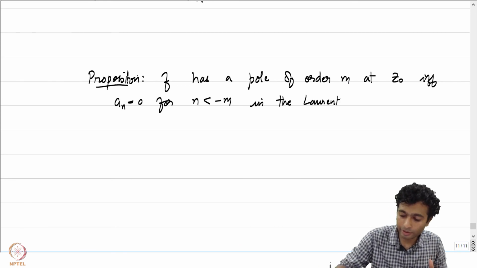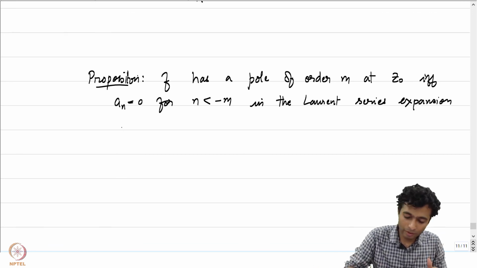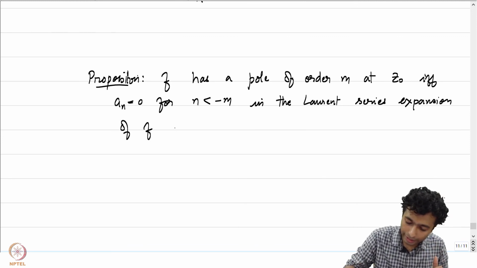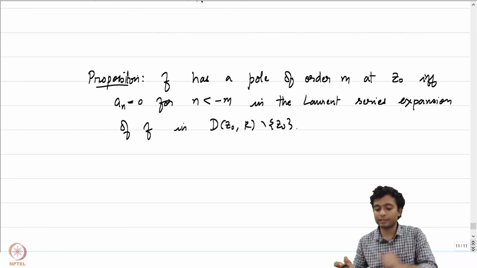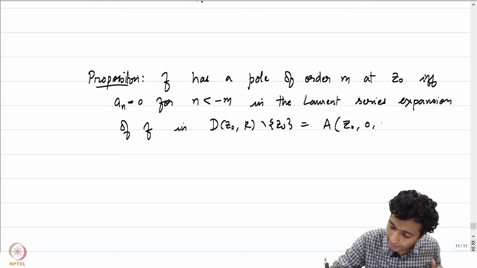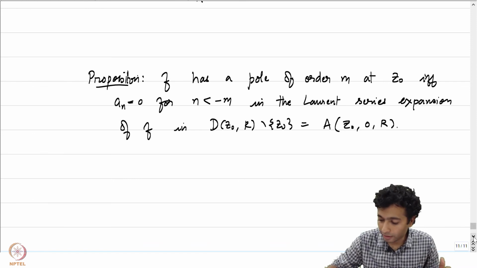Again, this is an if and only if statement, of f in D(z0, R) minus z0, the annulus. Remember that this is the annulus of radii 0 and capital R, and there is the Laurent series that we are considering.